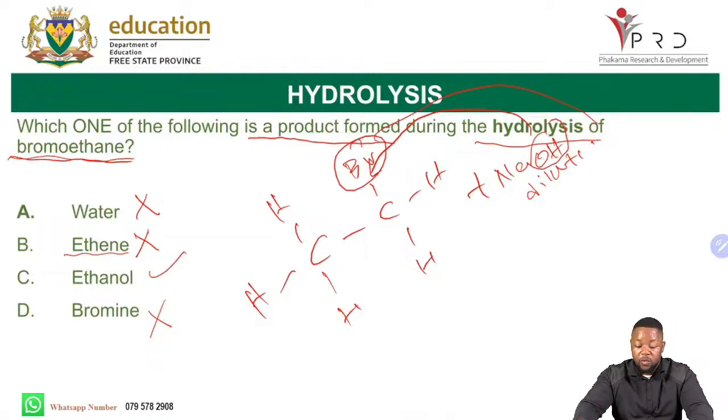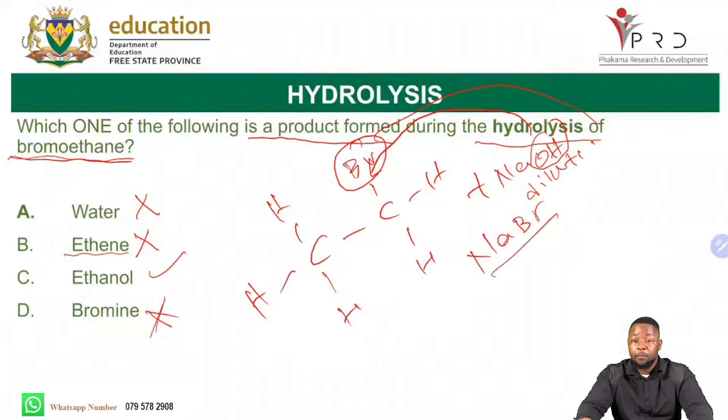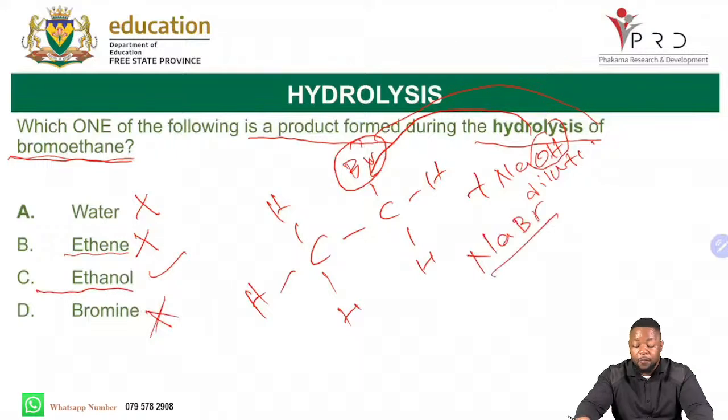So ethanol is going to be the product, and the other product will be sodium bromide. So that's why we cannot accept bromine, but we can accept sodium bromide as a product. So the only product that is correct here is ethanol.